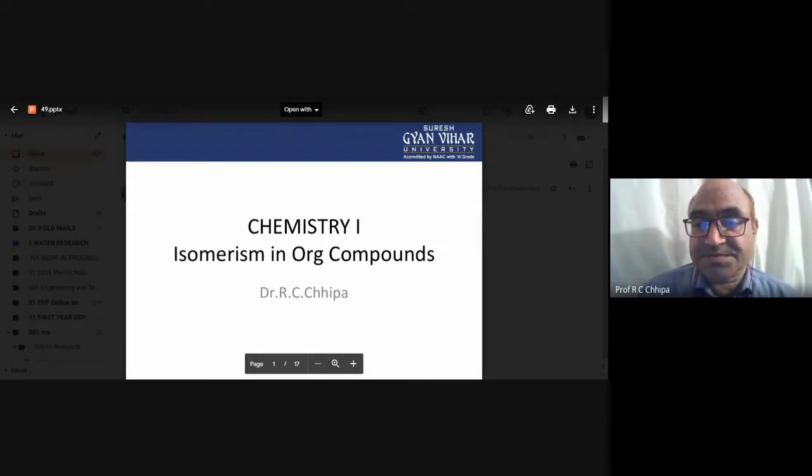Various examples of open chain compounds, simple ones: ethane, two carbon atom hydrocarbon; three carbon atoms, propane; then four carbon atoms, butane; and five carbon atoms, pentane. So these are open chain compounds.